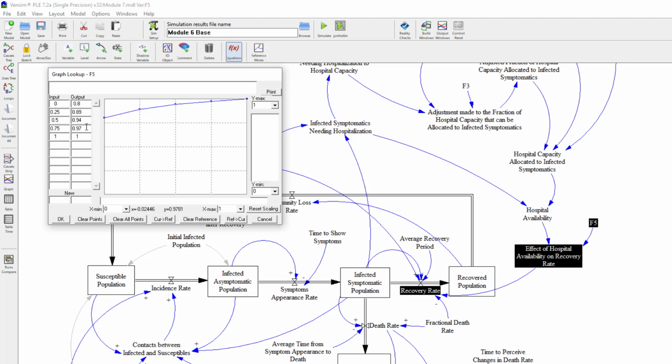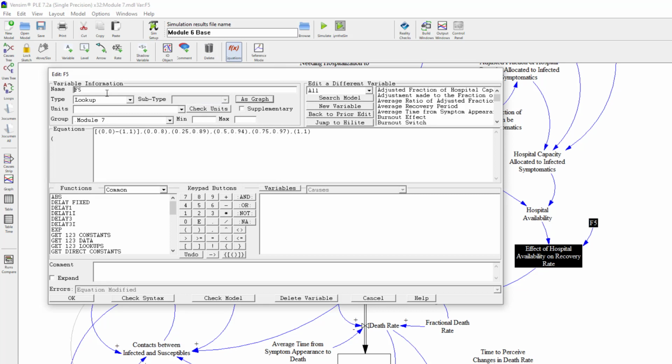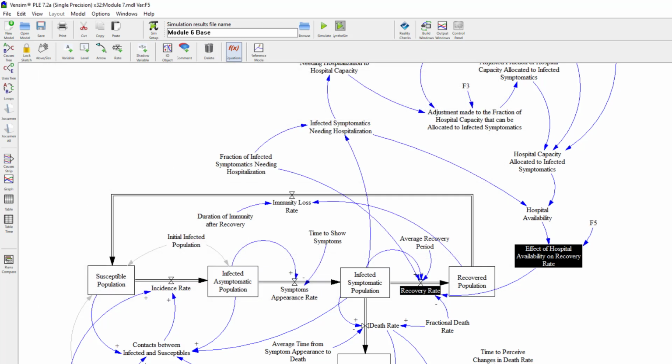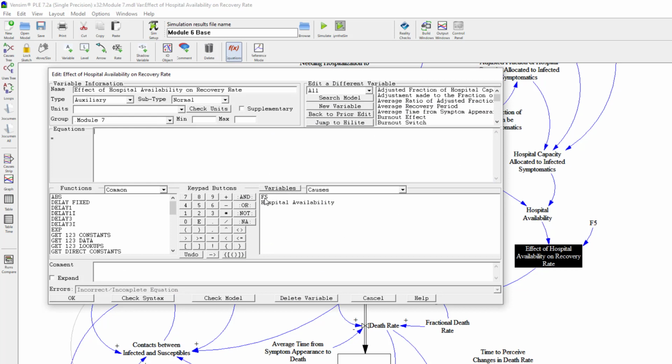It's gonna cut down the recovery rate by like 3%. Okay, click OK. Now the unit dimensionless, click OK. Now the effect of hospital availability on recovery rate, therefore, will be F5 with hospital availability, unit dimensionless.